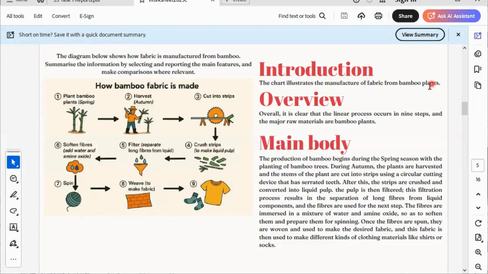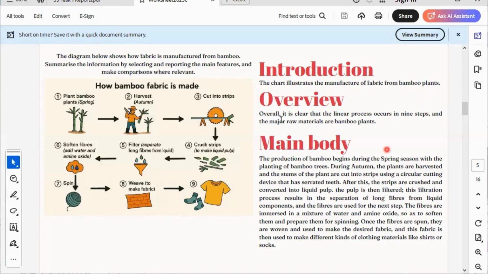Bamboo is a plant, so you can add plants. That's okay, it's allowed. They even wrote plant here. Look at the drawing, you can see bamboo plants. So this is my introduction. It's a one sentence introduction.